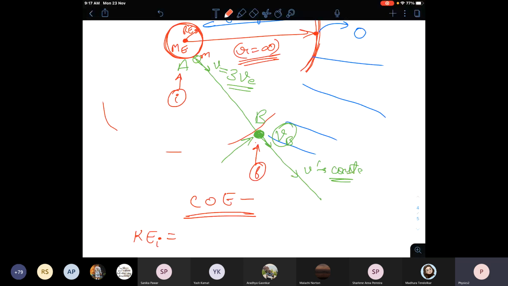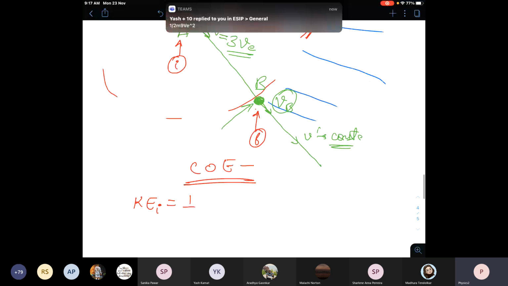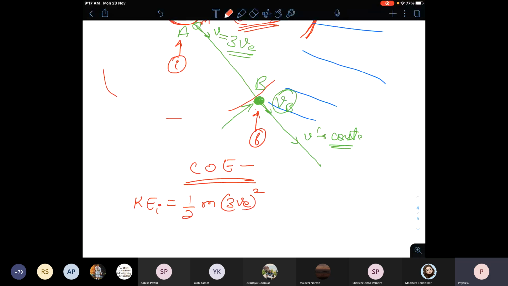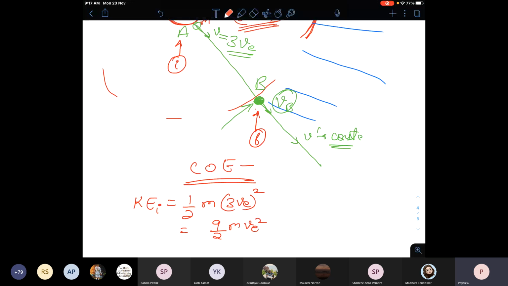What should be the initial kinetic energy of this satellite? Yes, half m (3ve) whole square will be the kinetic energy. That's correct. So it will be 9/2 m ve square.